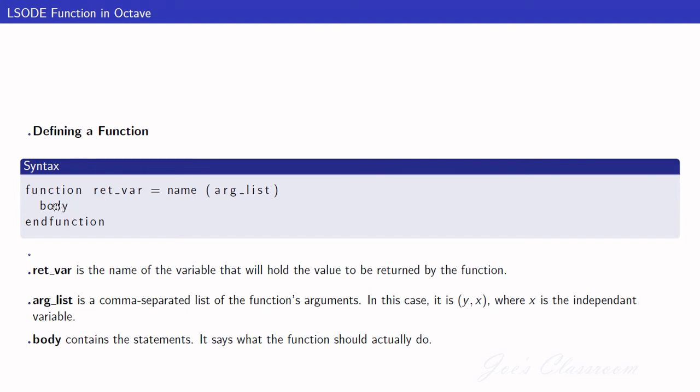So, whatever computation done in this body has to be stored in a particular variable, and that variable name has to be given here. And when I say this is the name of the function, it should contain a list of arguments also.